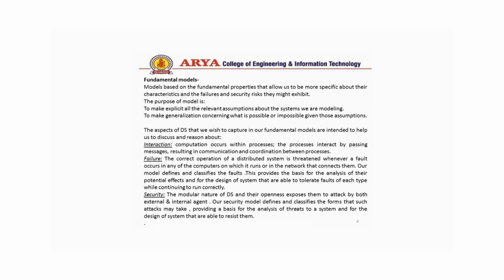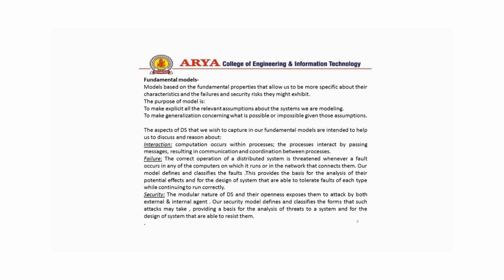So interaction model we have seen is basically concerned with the coordination of messages, the synchronization of activities. That means it is concerned with the time stamping of the various events. Failure model is concerned with the faults that are occurring in the process of communication and how those faults are handled, are masked, that is shown in the failure models.